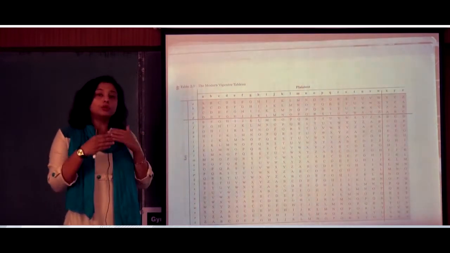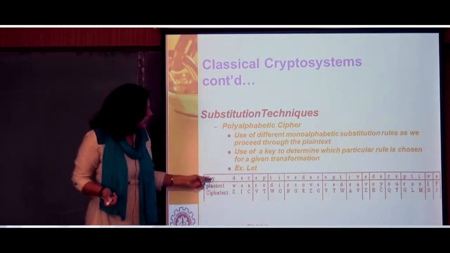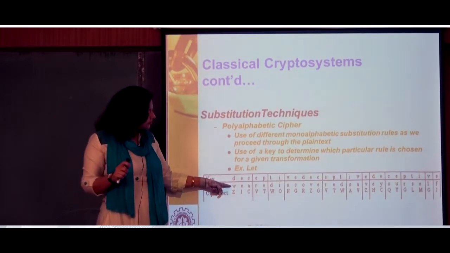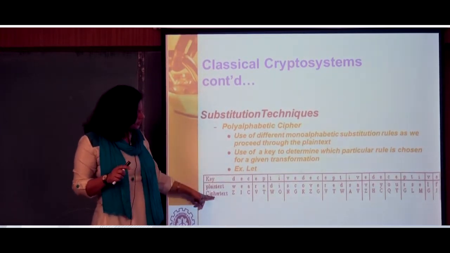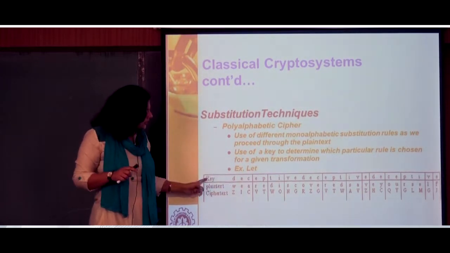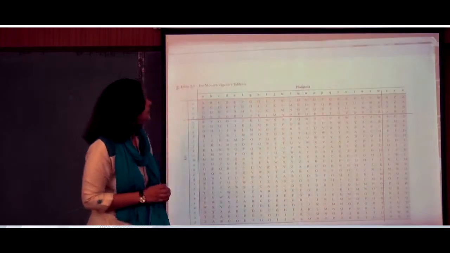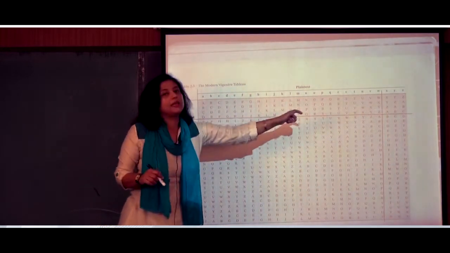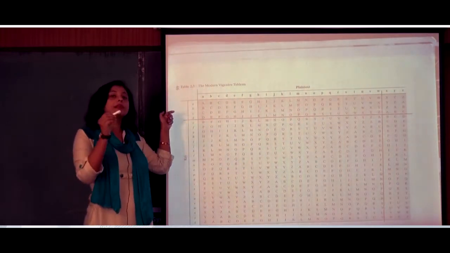Now, how to do the ciphertexting? Let us go back again. You see, let us say we have to make the ciphertext for the letter W, which falls in the plain text. Now, you see, actually the ciphertext is formed by a combination of the key letter and the plain text letter. So, the key letter is D over here and the plain text is W over here. So, since the key is D, you draw a horizontal line along the row containing the letter of the key.